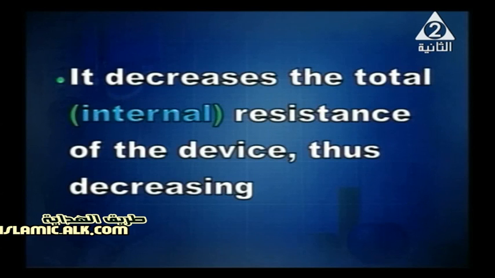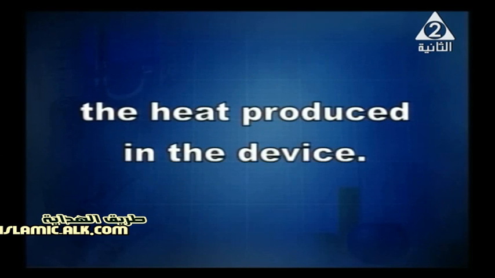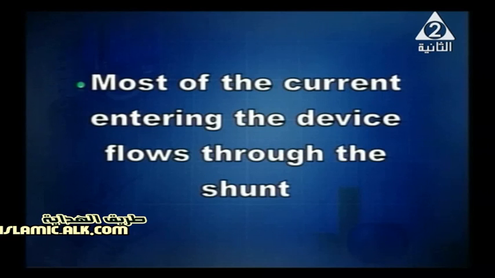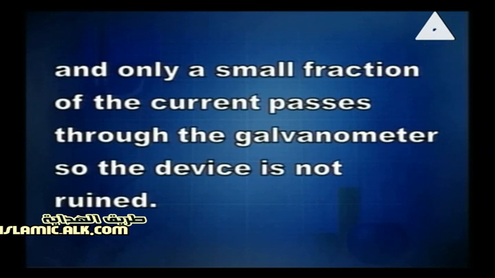It decreases the total resistance of the device, the internal resistance, thus decreasing the heat produced in the device. Also, most of the current entering the device flows through the shunt, and only a small fraction passes through the coil of the galvanometer, so it's not damaged or ruined.